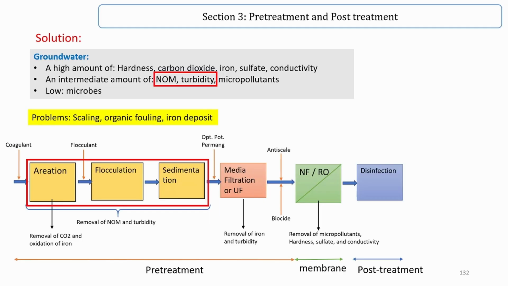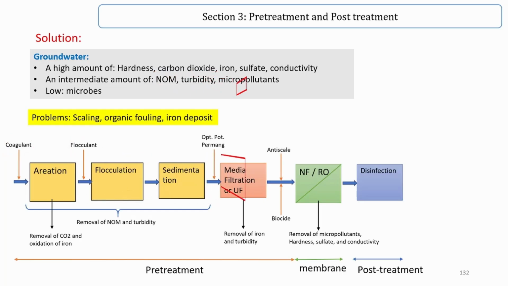In this regard, with addition of coagulant before the aeration, flocs can be formed and trapped by flocculant in the flocculation reactor and then can be settled in the sedimentation tank. As an option, potassium permanganate is used as a regeneration chemical to remove iron and hydrogen sulfide.